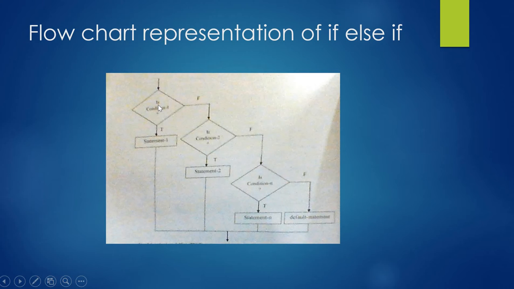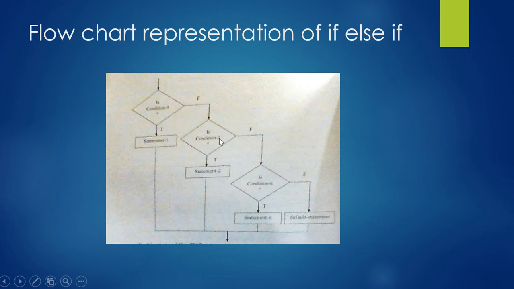See, first is the expression, condition 1. If condition 1 is true, which statement needs to execute? Statement 1. Condition 1 false means we need to check the next condition, condition 2.